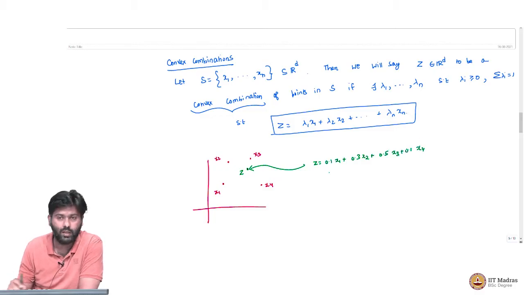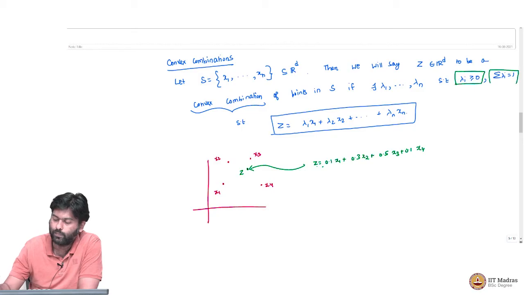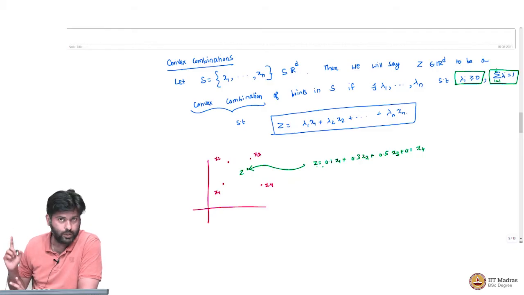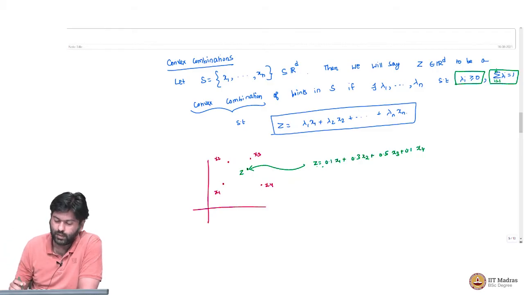I may not get the exact numbers here corresponding to the geometry of this set, but that does not really matter, right. So, the main thing is that I can express z as some combination of x1 to xn where the coefficients themselves are non-negative and they sum up to 1, right. They have to sum up to 1. So, this is i equals 1 to n. They can be 0 also, right. There is nothing in the definition that stops one of these from being 0, for example, right. So, you can have that if you want.